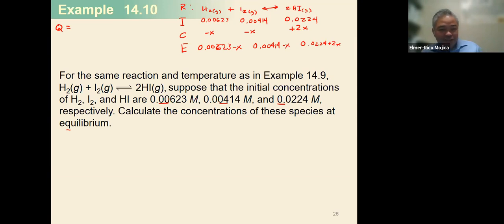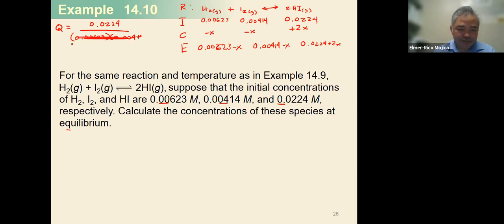All you need to do is what? 0.0224 divided by 0.00623 times 0.00414. And what do you get? Class, please calculate it on your own.